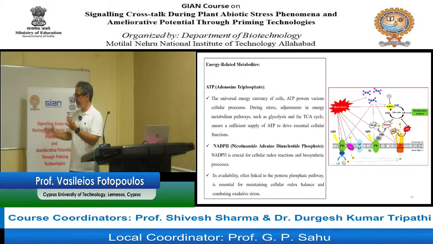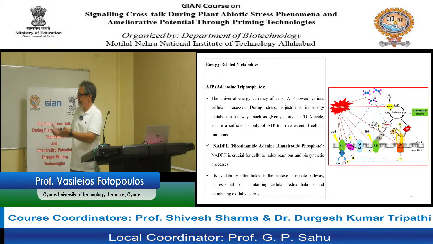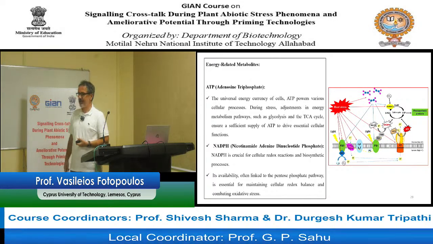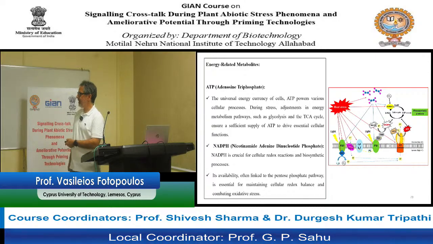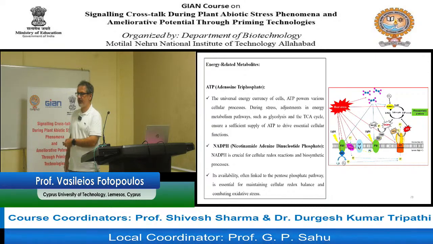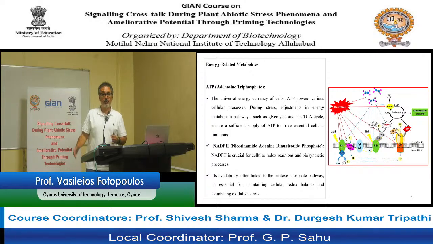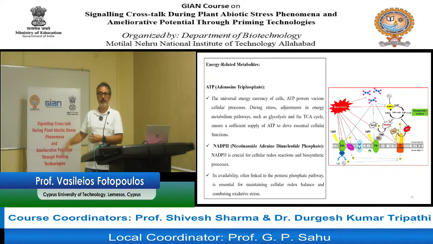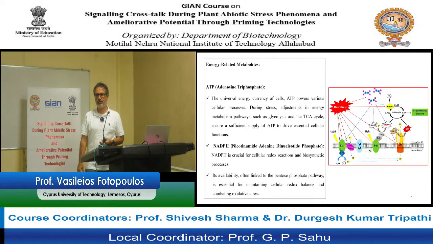And of course, you have the mobile components plastoquinone and plastocyanin. And at the end of the day, you also have the fueling of the ATP synthase that actually produces the ATP, in addition to the NADPH that is produced via ferredoxin. So, very important pathways that lead to the production of these energy analogs. But you're all aware of this.